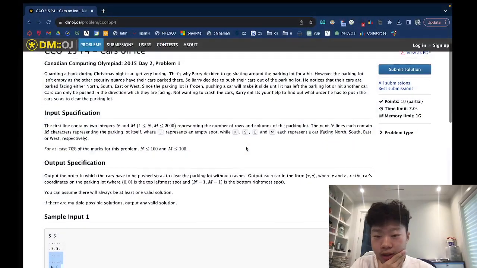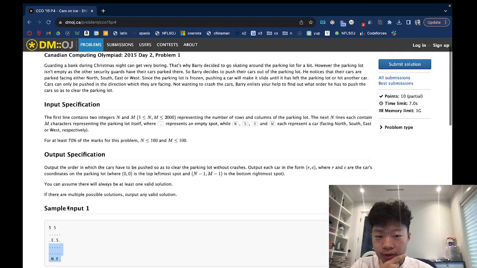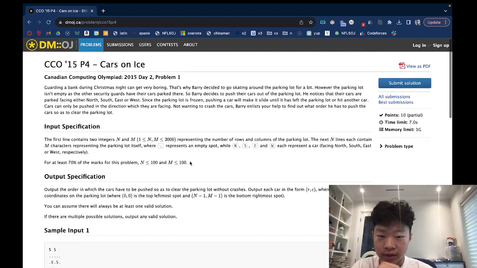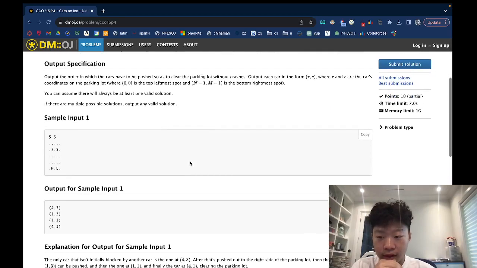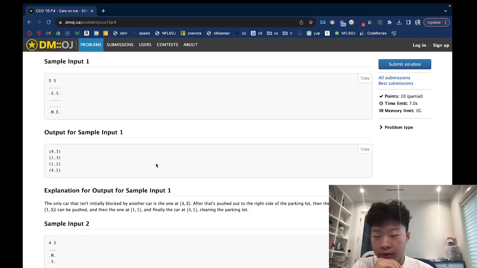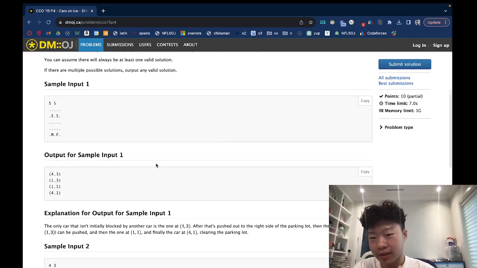Alright. Okay, so in the parking lot, each car is facing north, south, east, or west, and this is the only direction it can go. And you're trying to find a way to move the cars such that everybody can get outside of the parking lot without crashing.